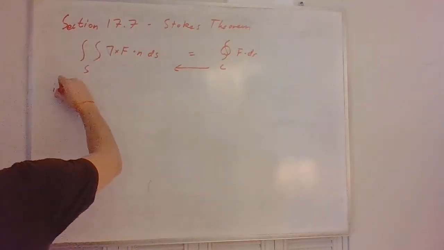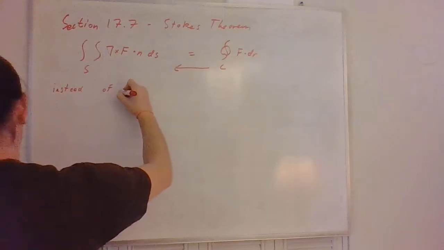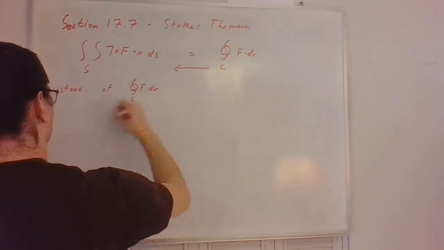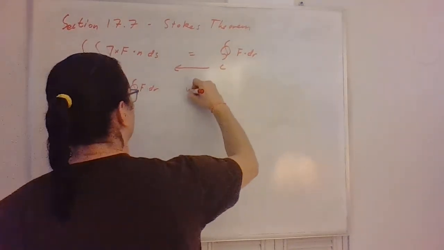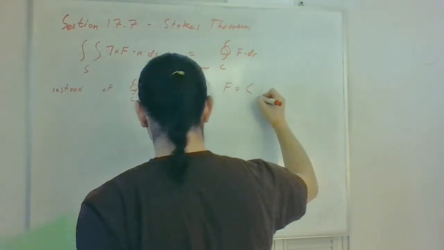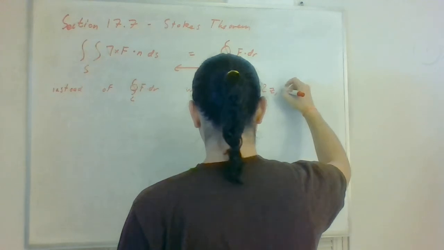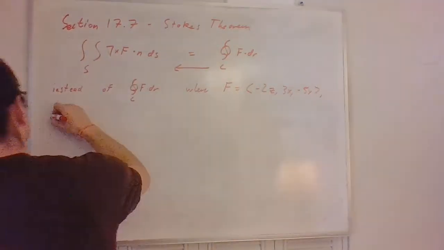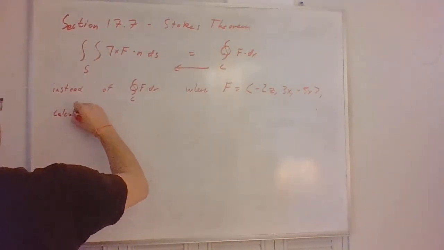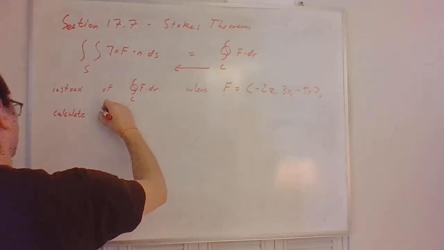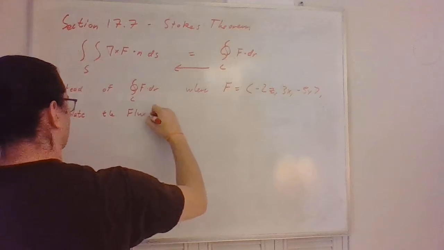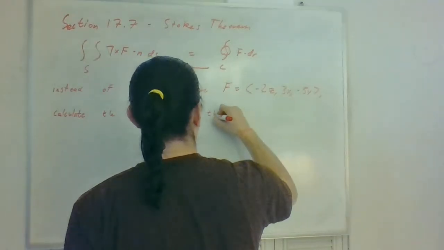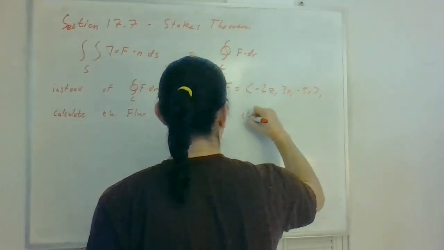So instead of the circulation of F dot dr over this path, where F is negative 2z, 3x, and negative 5y, calculate the flux of curl of F through the disk.